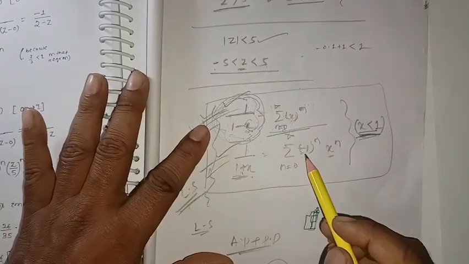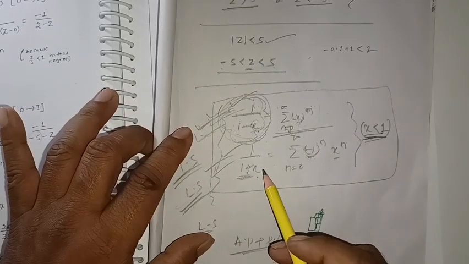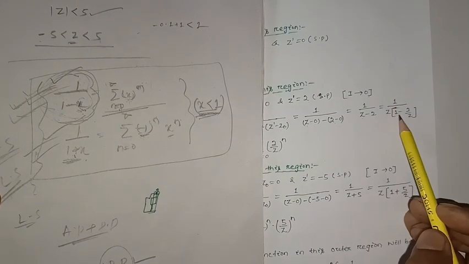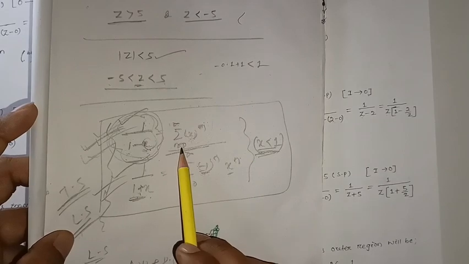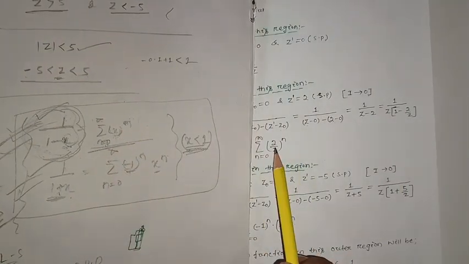For 1 plus x, minus 1 to the n will become extra. And always here |x| is less than 1. In the form of 1 by 1 minus x, instead of x here we have 2 by Z. So we have to write n from 0 to infinity, x to the power n, here 2 by Z to the power n.